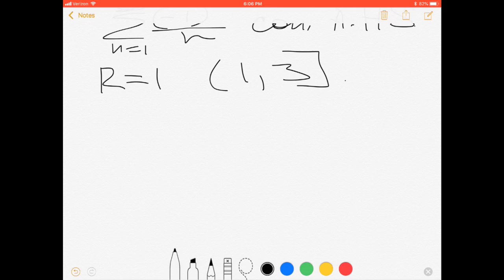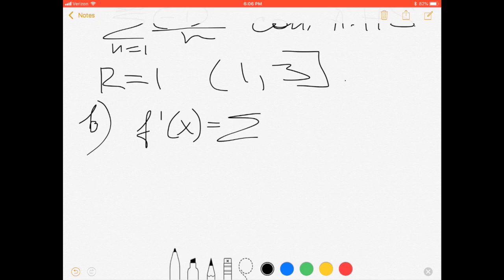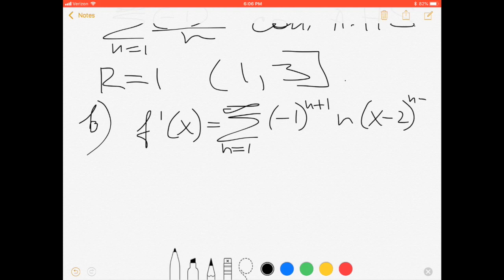Question B. Here we have the derivative of your function, which gives us the sum from 1 to infinity of negative 1 to the power n plus 1. Take the derivative, you have n times (x minus 2) to the power n minus 1, over n.